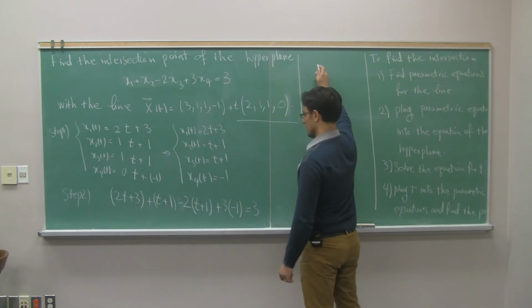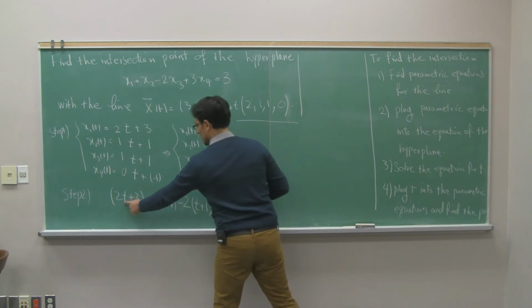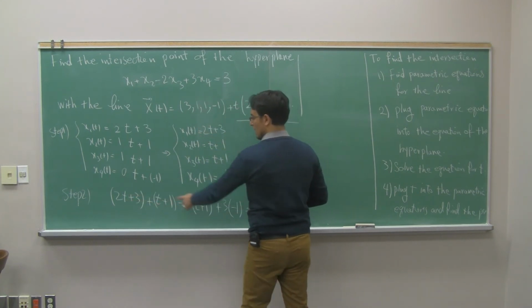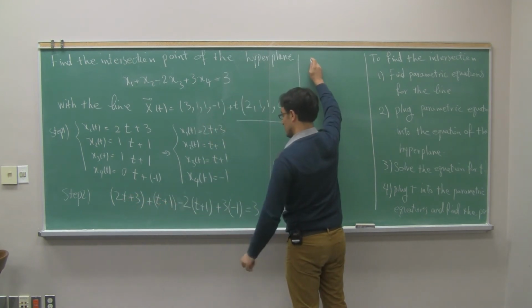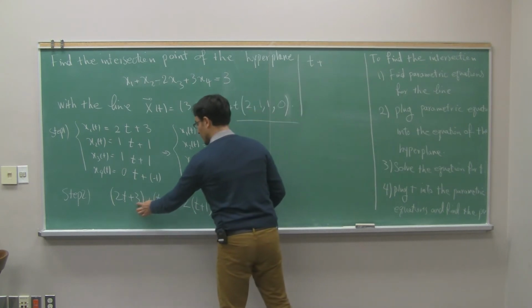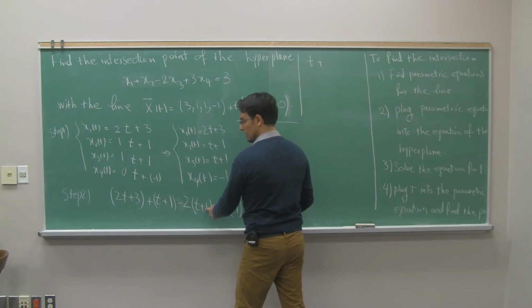OK, so let me just simplify this and write it right up there. So I have this equation. 2t plus negative 2t, and you add them. So 2t plus t is 3t minus 2t is t plus. I have 3 here, plus 1 is 4, negative 2 here.